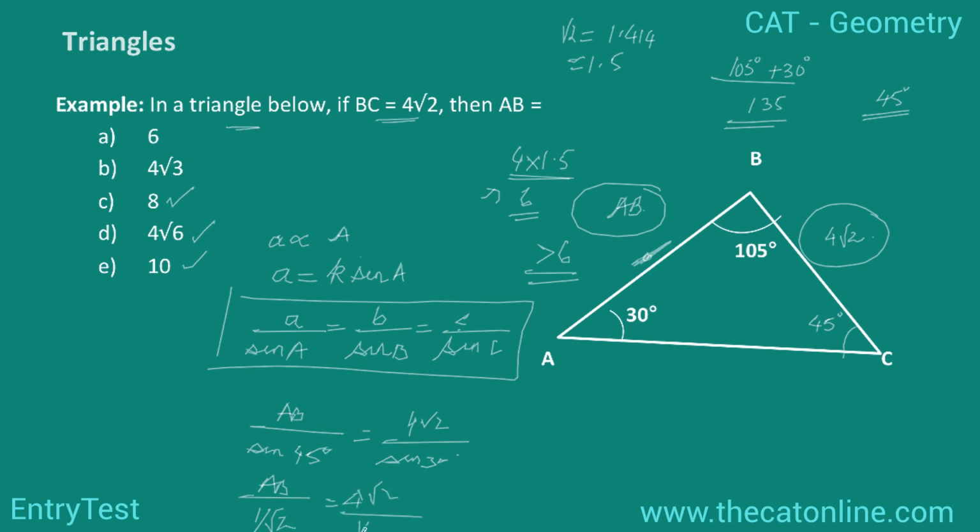And sine 30 is 1 by 2. So I just need to do the calculation and I'll get my answer for AB as 4 root 2 into 1 by root 2 into 2, giving me an answer of 8. So my answer comes out to be 8.